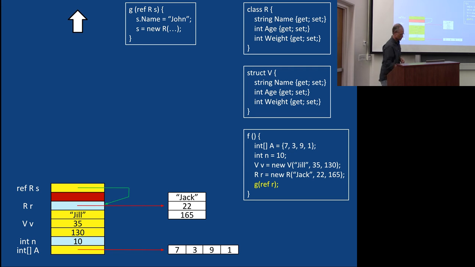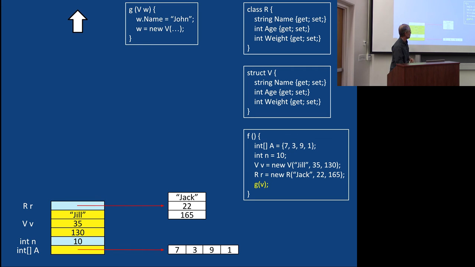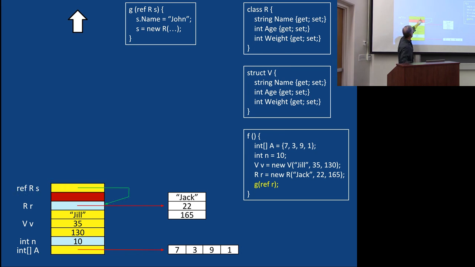Oh, wait. Okay, I'm wrong. We're passing the object by reference, not the struct, I'm sorry. So R is this object. When we pass it by reference, we end up with a reference to the place where the reference is stored. So now if we say s.name goes to John, we follow the green pointer here, then we follow this reference out here and change that to John.